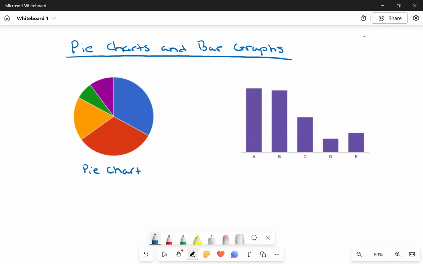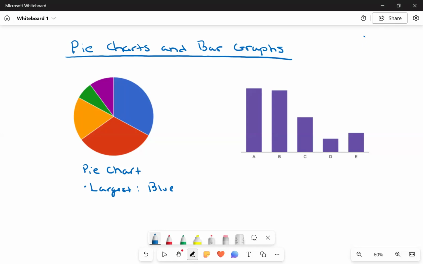When I look at this pie chart, I see that the red wedge and the blue wedge are very close. They almost look the same. In fact, I had to get a ruler to see if one was bigger than the other, and the bigger one is the blue one. So the largest wedge is blue, or whatever category blue represents.